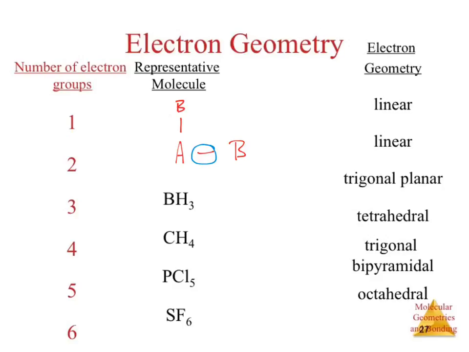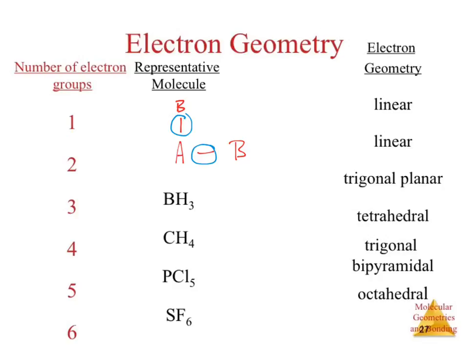You could draw it like that. And Lewis structure says you can draw it like that. Valence shell electron pair repulsion theory says that those 2 groups of electrons need to get as far away from each other as possible. Are they as far away from each other as possible in this drawing? No. So what we could do is, if we drew our Lewis structure this way, look at our electron domains and say, I drew it wrong. Let me redraw it to better represent the actual molecule.